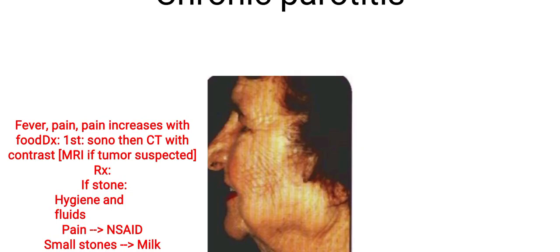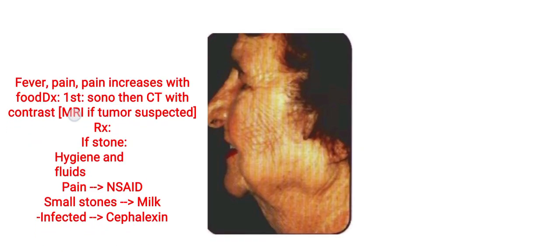MRI in this case is not required, but ultrasound and CT scan should be done. If stones are there, then hygiene, fluids and pain medicines should be given. And if it is infection, then we have to treat with antibiotics. So this is the case of chronic parotitis.